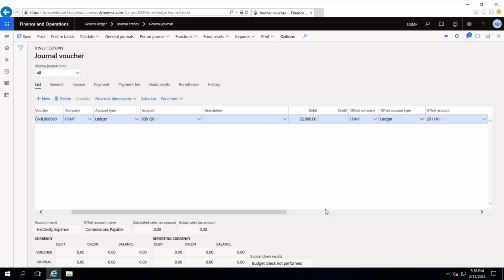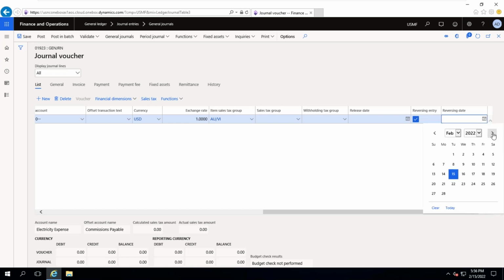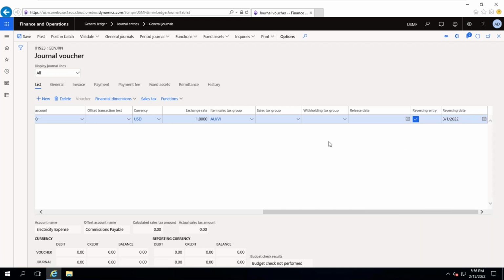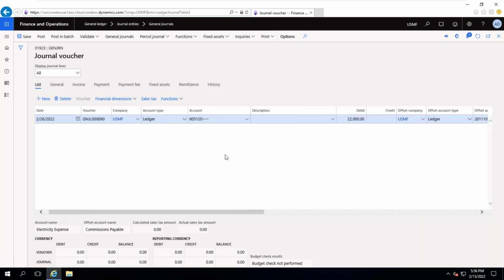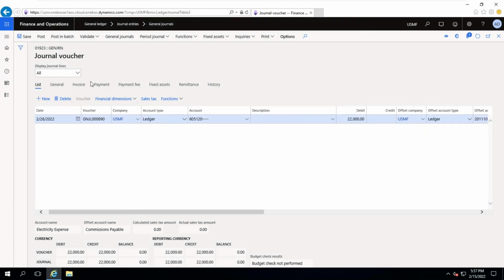Now I want this entry reversed. So I can select the reverse entry option, and I want it reversed on 1st March. Because this is a rough entry, the nearest entry I'm posting, I can select the reversal entry also. Okay, now I'm posting.